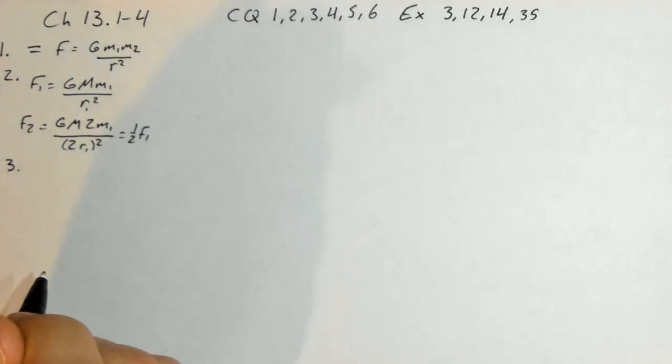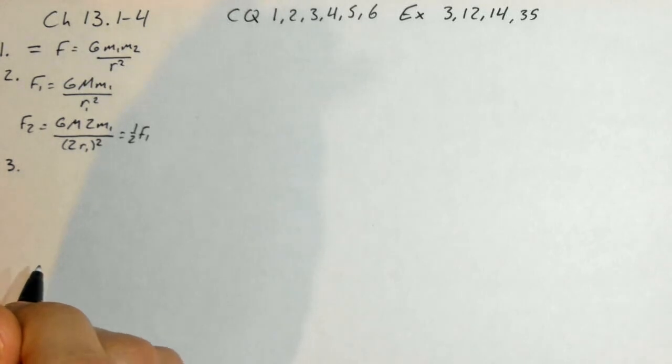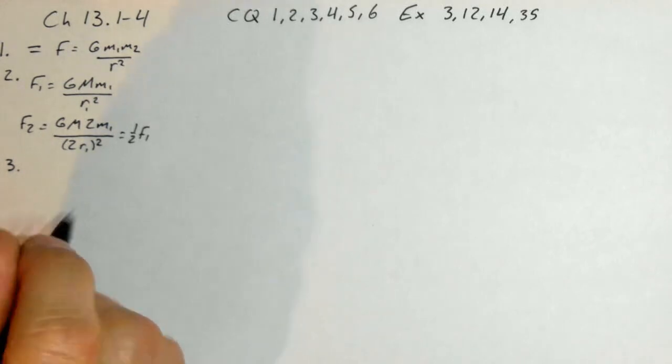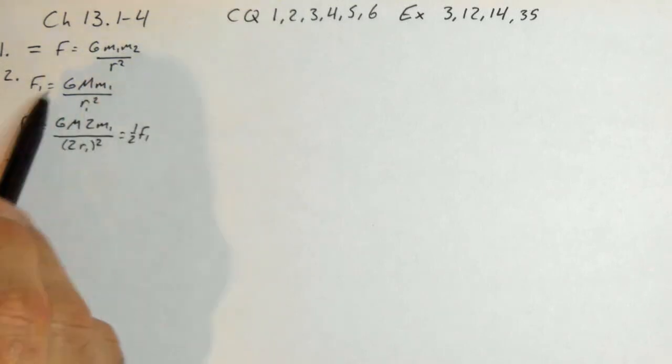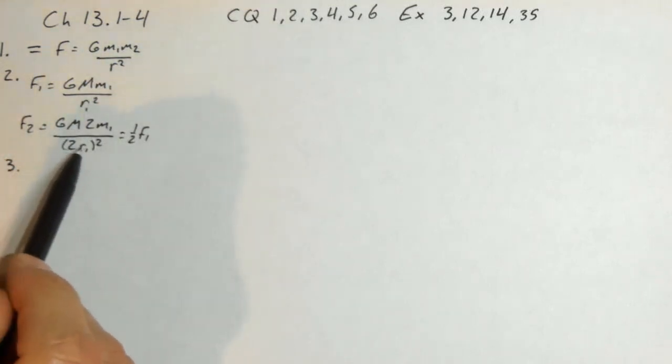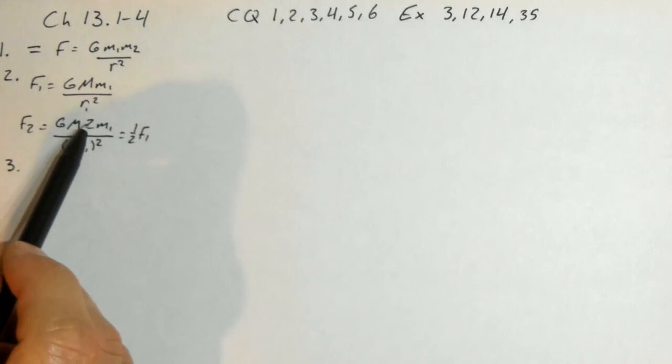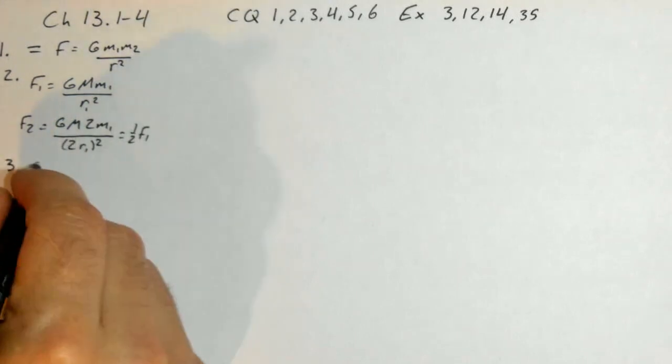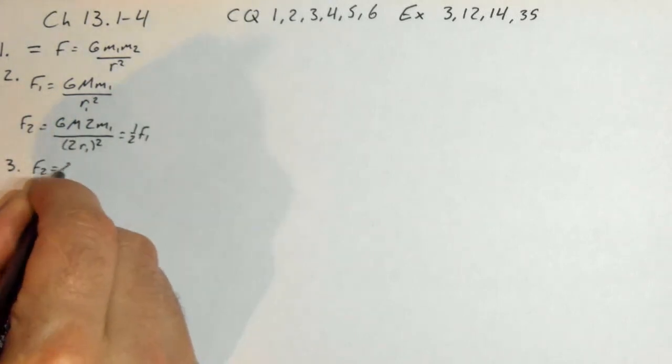Okay, but they follow the exact same orbit around the Earth. So, how do the forces compare? Well, this is the same radius, so we don't have a factor here, we see that the force is twice as big on the heavier satellite. Okay, so F2 would be equal to 2 F1.